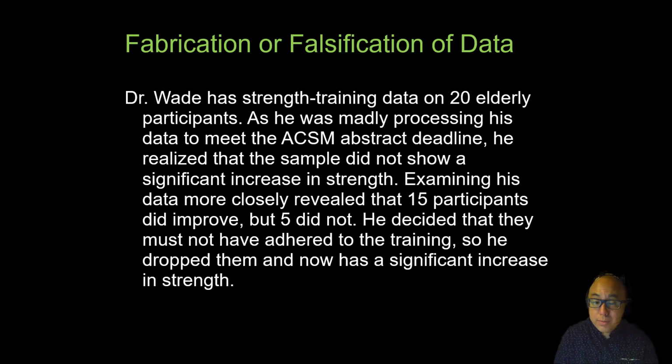So he decided for whatever reason that they didn't adhere to the training, they didn't comply, so he dropped them, even though he didn't have any evidence or proof that they didn't comply, because it wasn't followed. So after taking those 5 subjects out of his sample, he ran the analysis again and did find that there was a significant increase in strength.